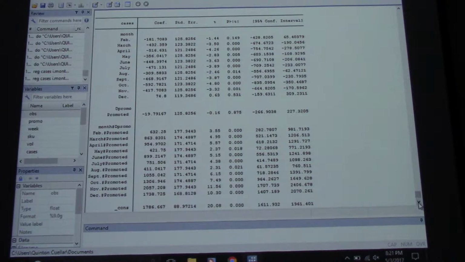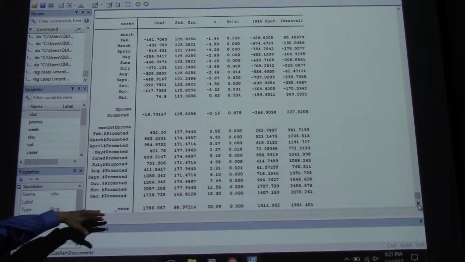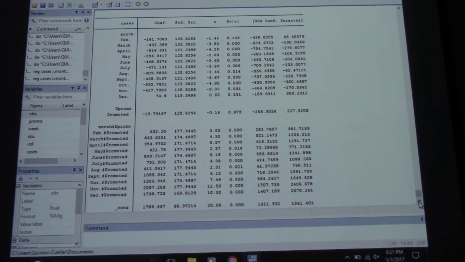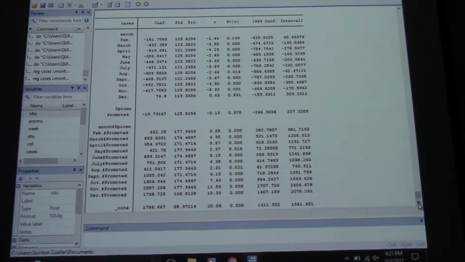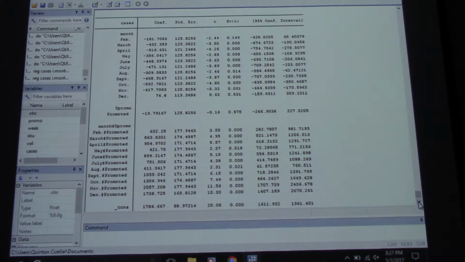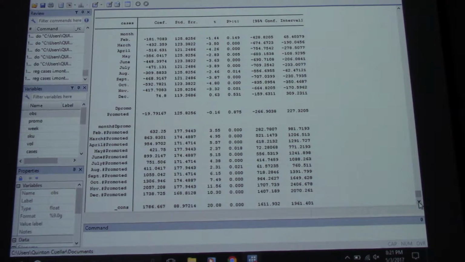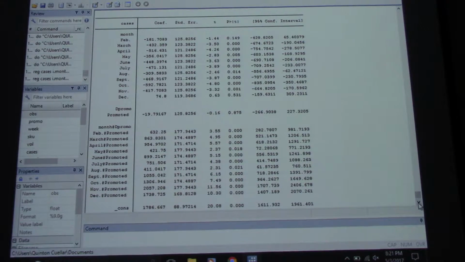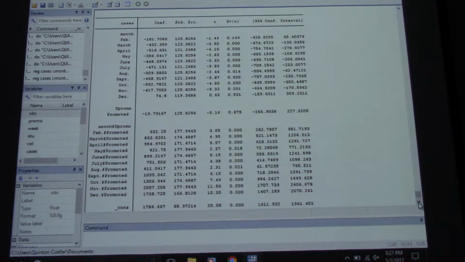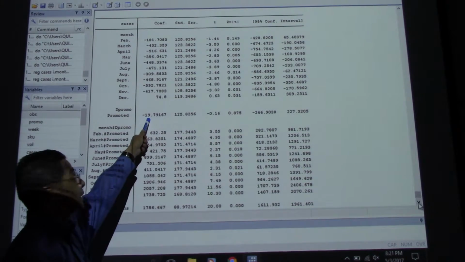Exactly. And remember, if we put everything equal to 0, if it's not promoted and it's month 0, it's going to be January, non-promoted, which was 1786. And promoted January would be here.